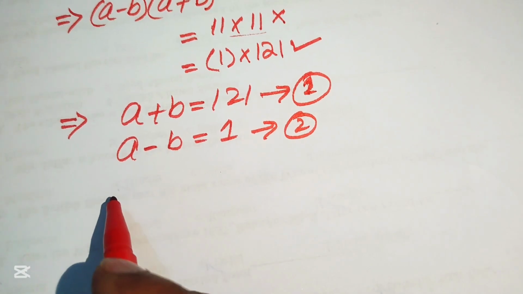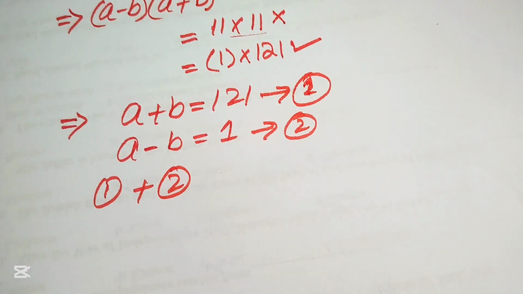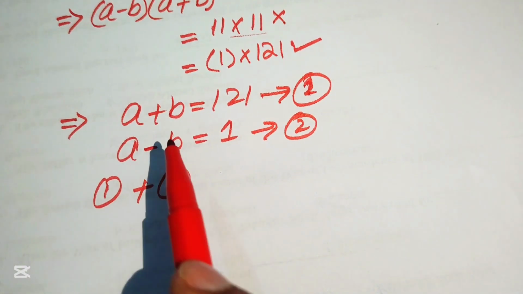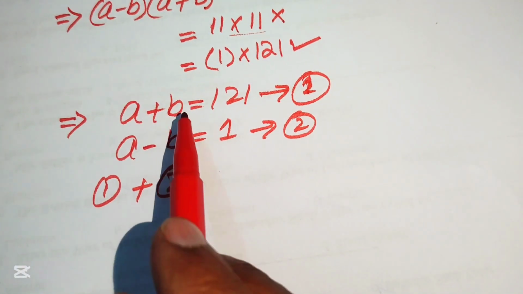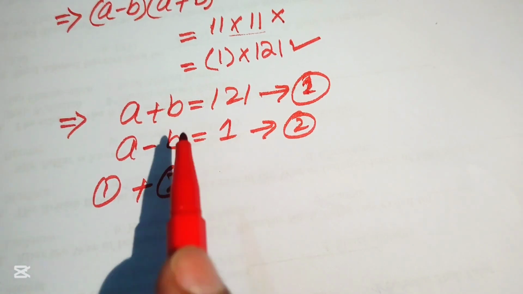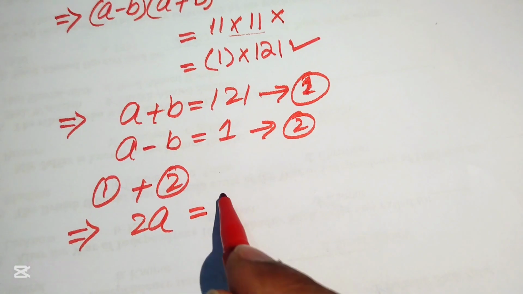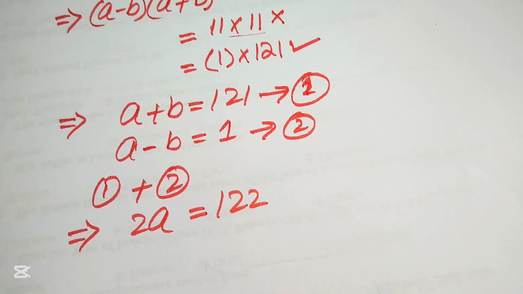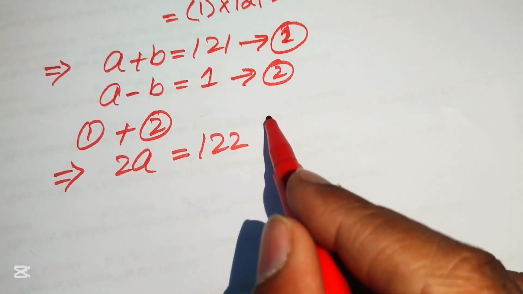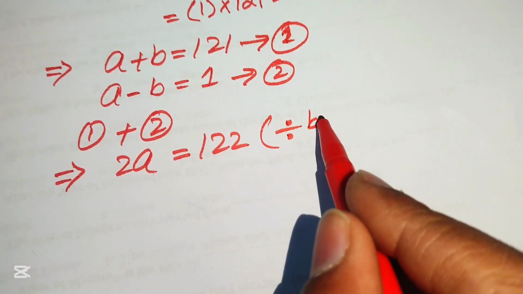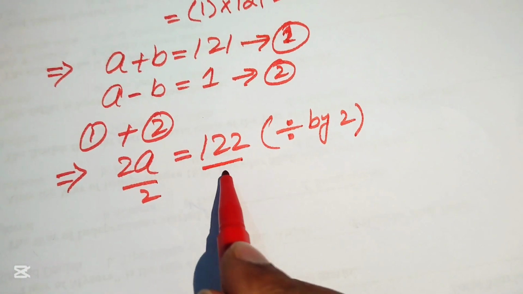First we add equation number 1 and equation number 2. When you add these two equations, this is plus B and this is minus B, so these two cancel each other, and we get 2A equals 122. Then we divide both sides by 2 because we need to find the value of A.